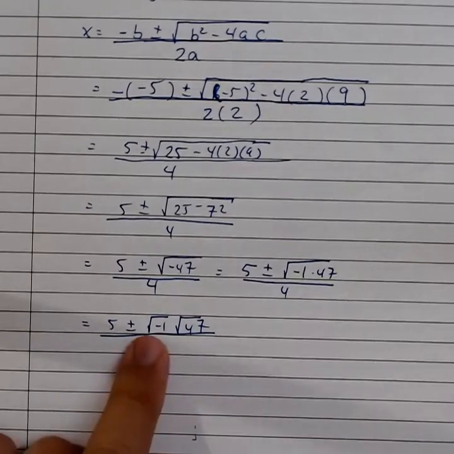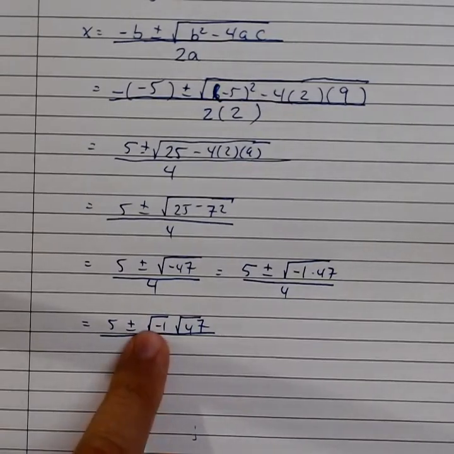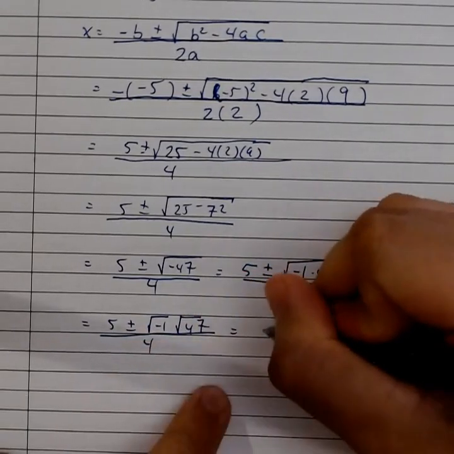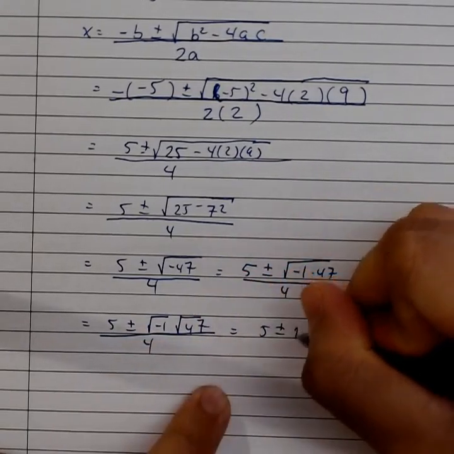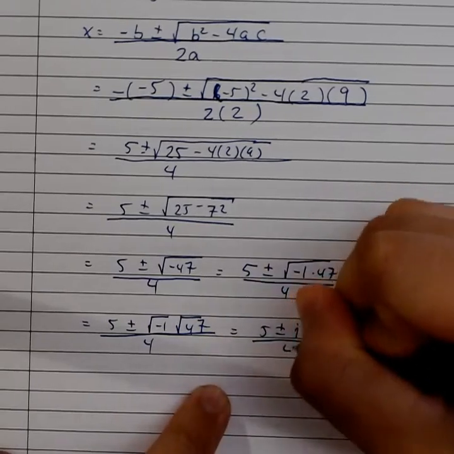And here we know the square root of negative 1 from our previous section. That's the imaginary unit. That's i. So here that's going to be 5 plus or minus i root 47 all over 4.